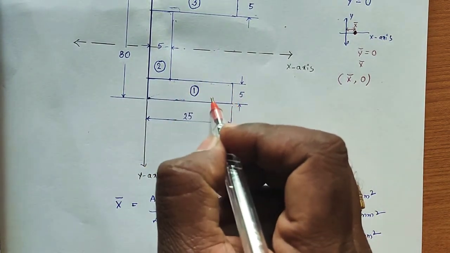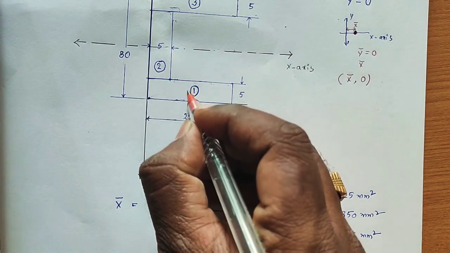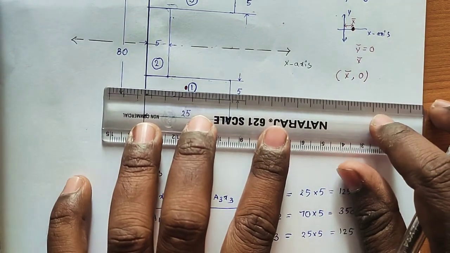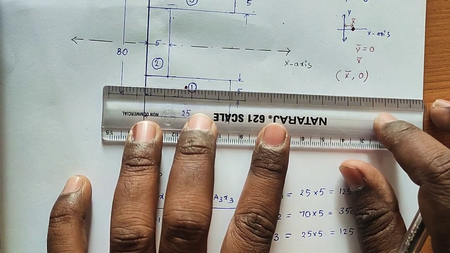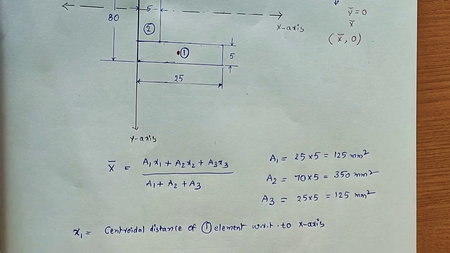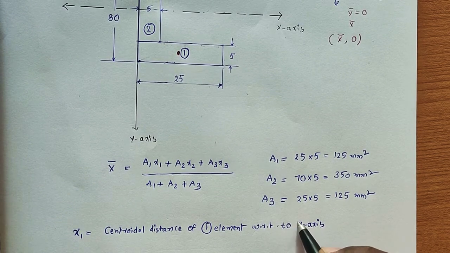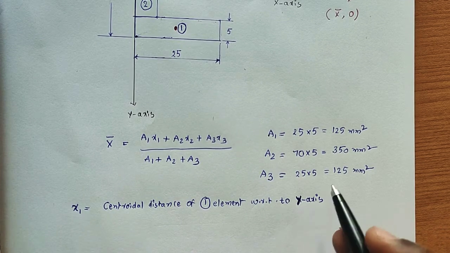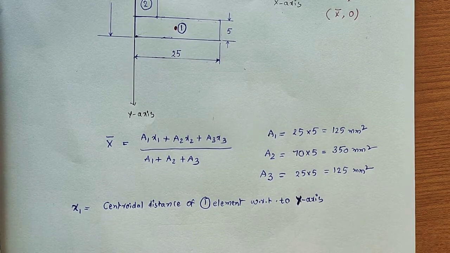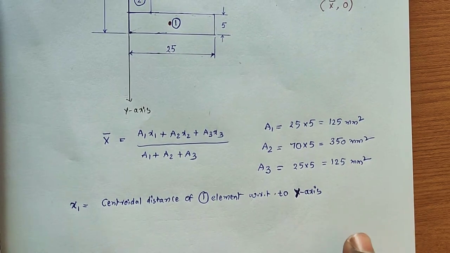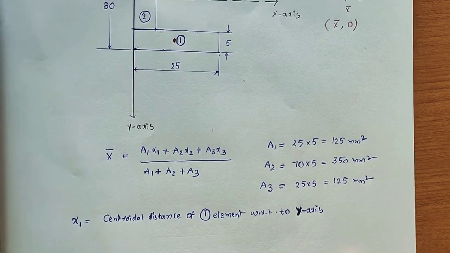This is the first rectangular element. The centroid of this first rectangular element is its center. Measuring distance x means we have to measure with respect to the y-axis, not the x-axis. If we measure with respect to the x-axis, then the values are y1, y2, y3. But here y bar is 0, and y1, y2, y3 all are 0.